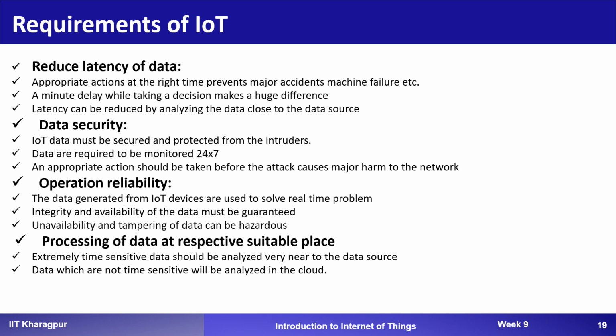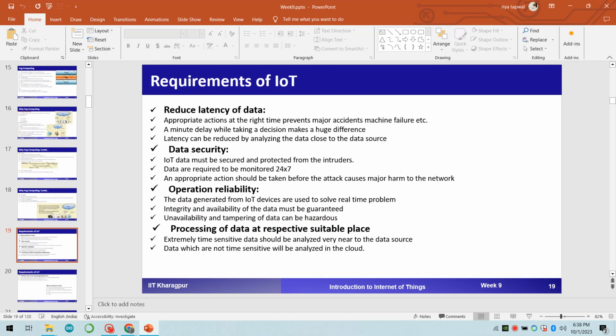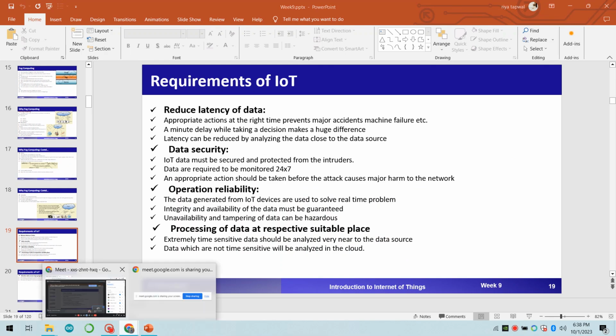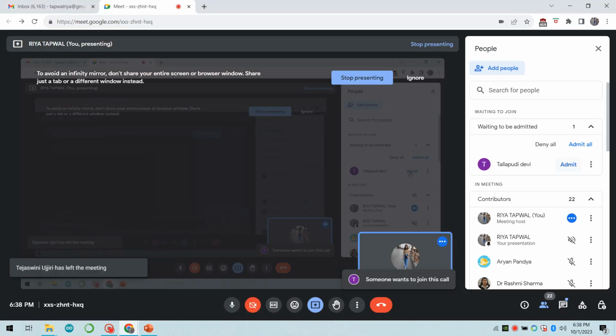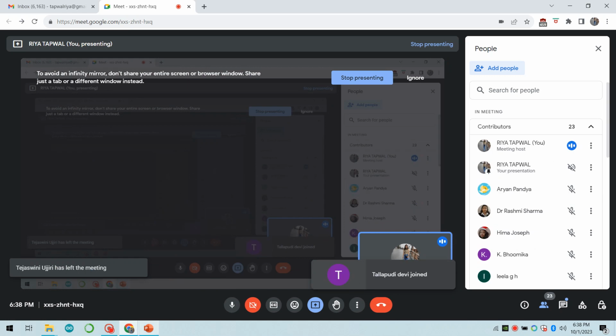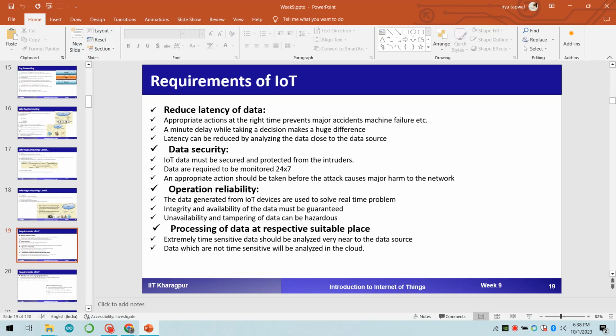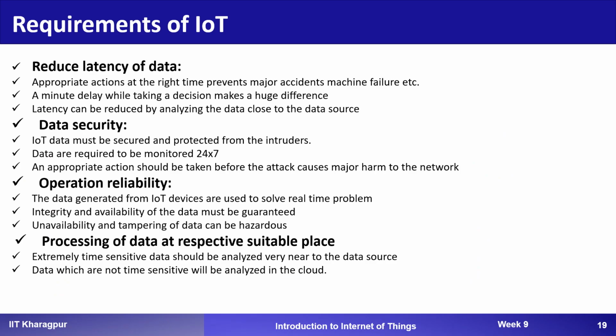So IoT data must be secured and protected from intruders. Data are required to be monitored 24/7, and appropriate action should be taken before an attack causes major harm to the network. This can be done easily if your data is stored near the end user, and it also becomes easy to manage your data if it is near the end user.